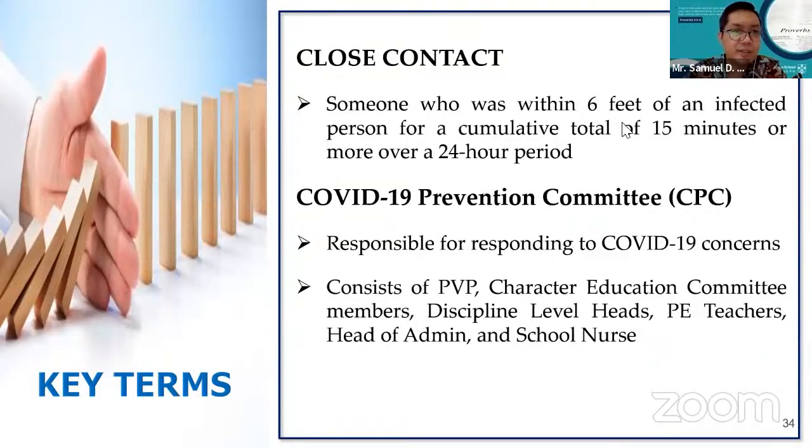First, close contact. I will use this term later in my presentation, so I will define first what it means. Close contact is someone who was within 6 feet or about 2 meters of an infected person for a cumulative total of 15 minutes or more over a 24-hour period. So not all contacts can be classified as close contacts.